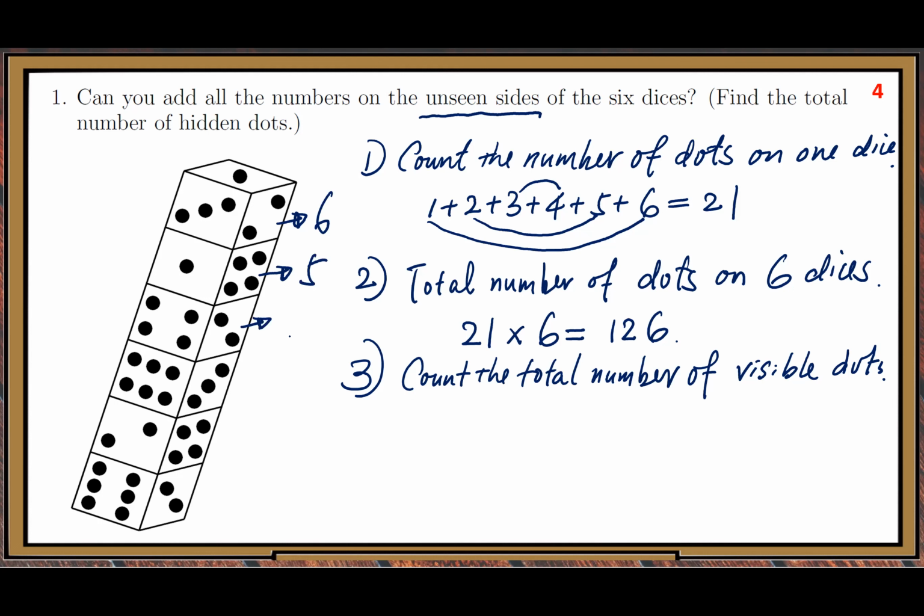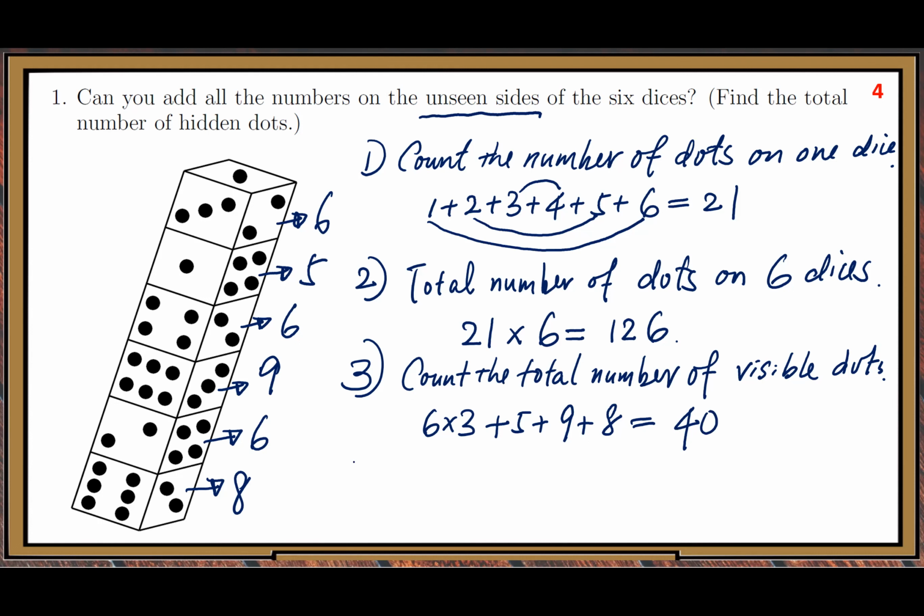Third one, visible dots 6. Adding them up, the total is 40.